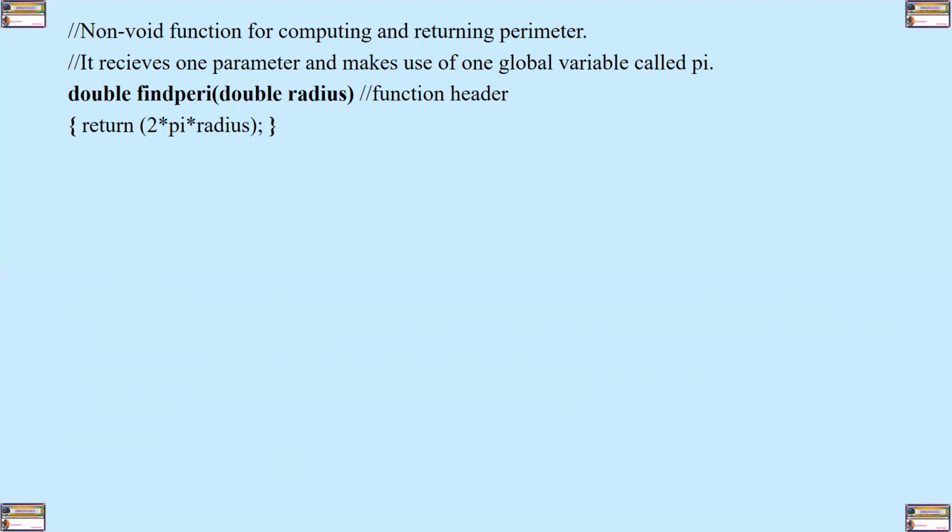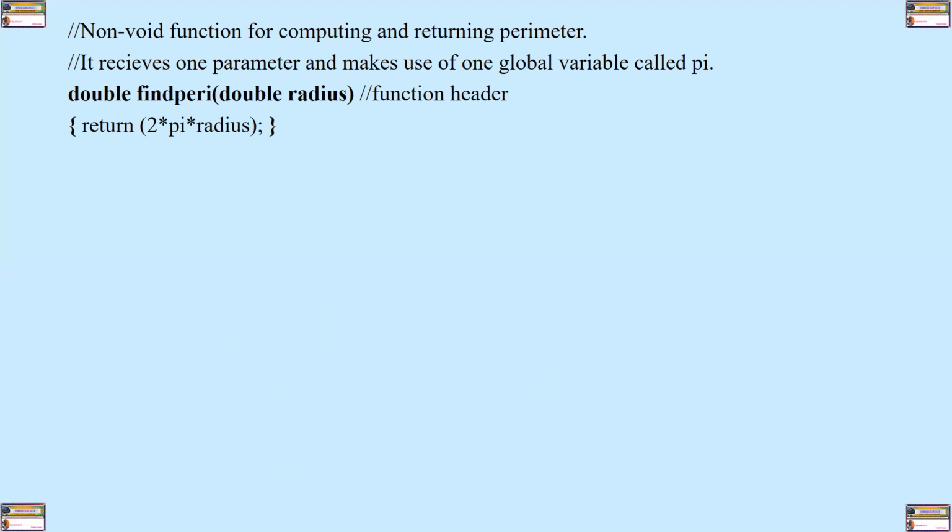You would have radius times pi times 2, assignment operator, perimeter, and then the return statement as return perimeter. Sometimes there may be no need to hold a value within the function. You can just have the function perform its computation and return the result of the expression directly.